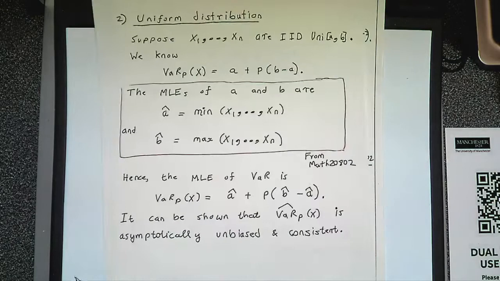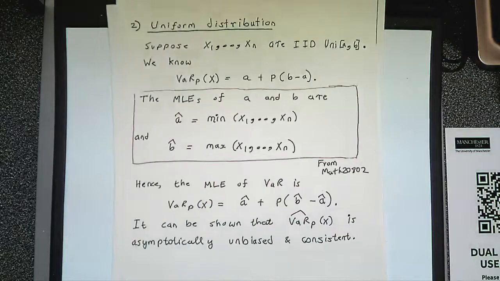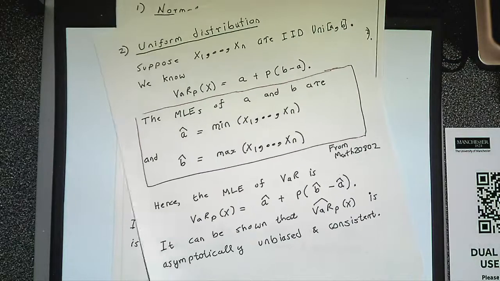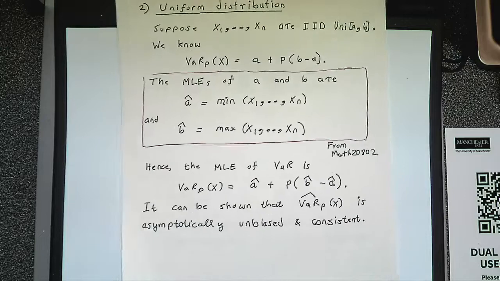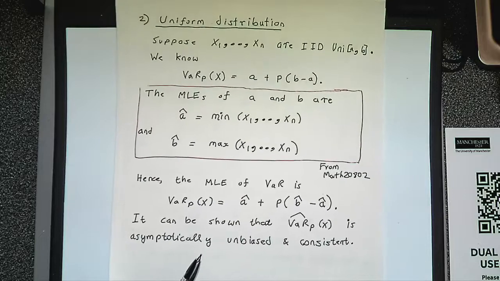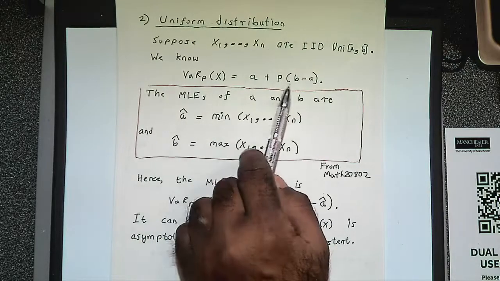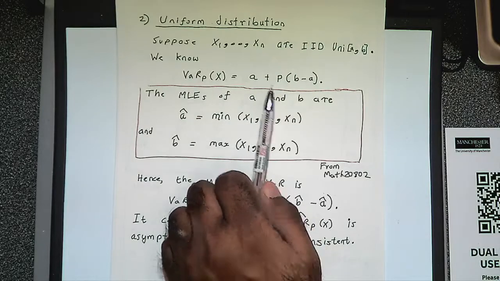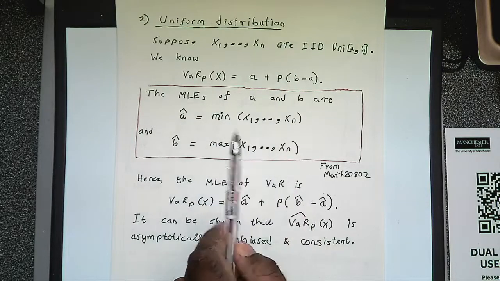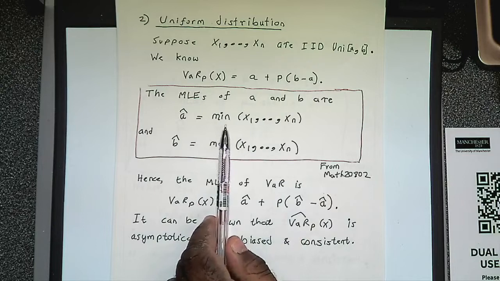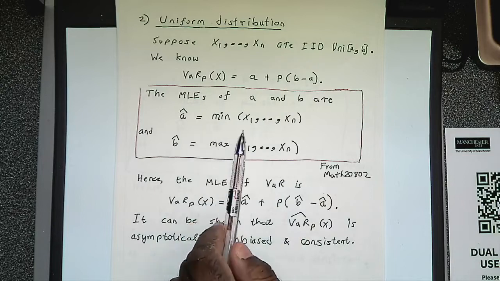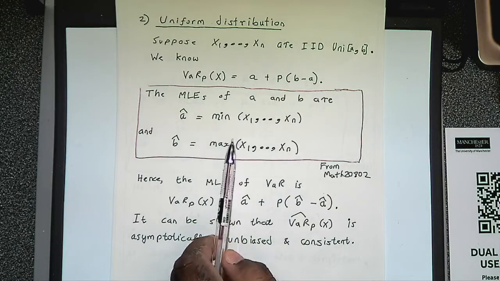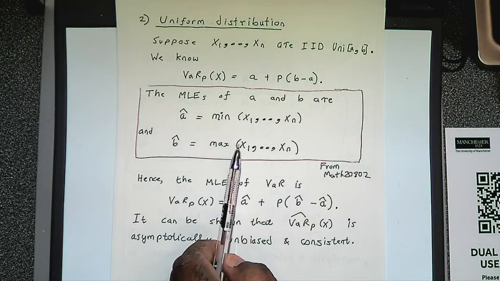The second of the parametric methods assumes that the losses are uniformly distributed from A to B. This is the formula for VaR, which we derived last week. Again, from stat methods, you should know that the estimators for A and B are the minimum and the maximum, the smallest and the largest data points.